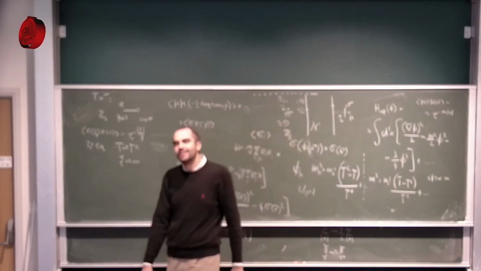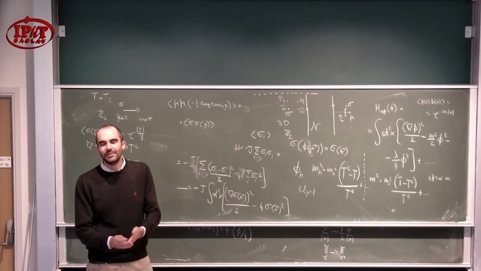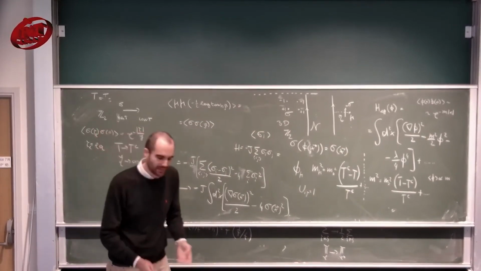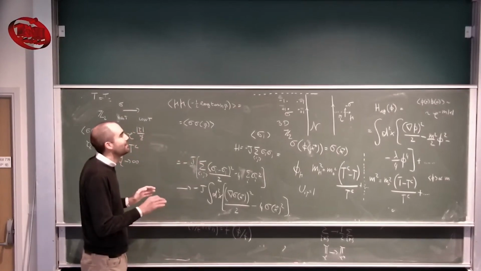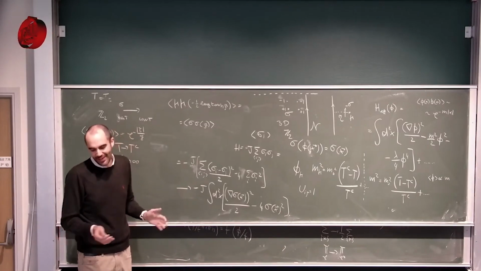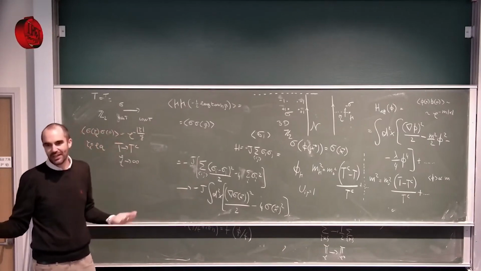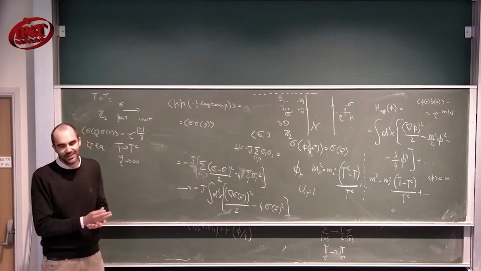But why should you be at the critical beta? It's the same as asking why a fermion mass is zero. It can be zero or it can be something else, but the point where it's zero is stable under a symmetry. That's all we're saying.